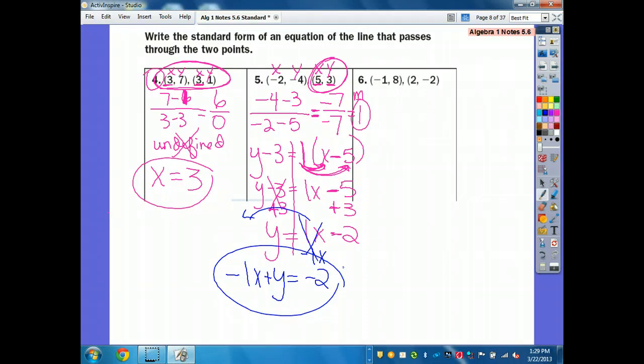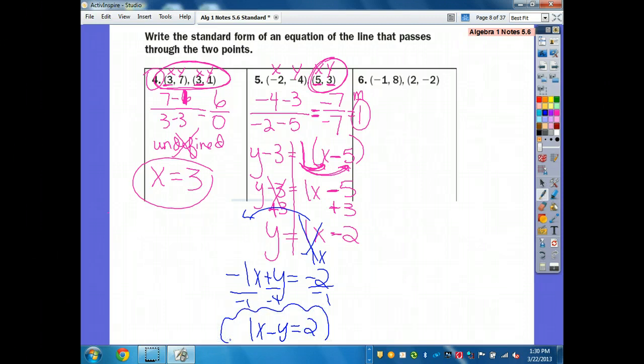No. Ooh, impressive. Why not? Negative x. Right, I still have a negative x here. I can't have a negative, so I divide everything by negative 1. Changes the sign, so my final answer is now what? 1x minus y equals negative 2, equals positive 2. Now we're done.